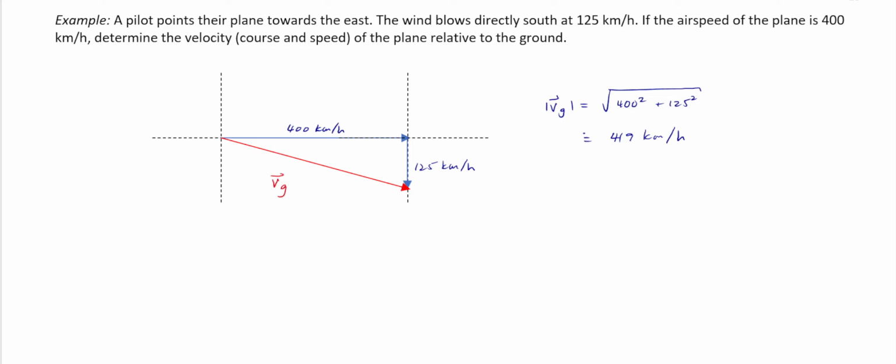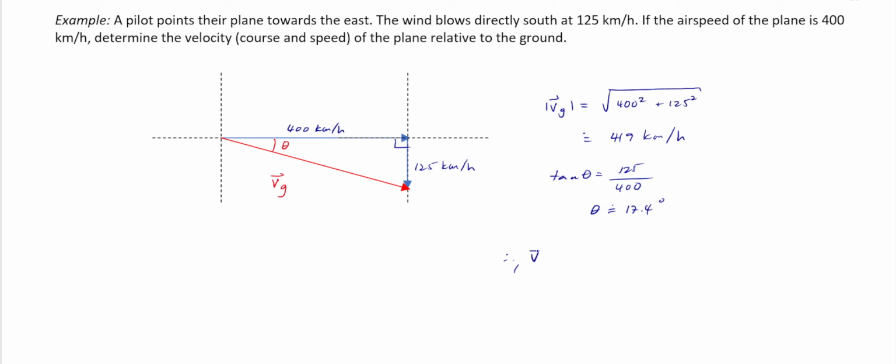Now I want to find this angle right here. Since we have a 90-degree triangle, I can use trigonometry and say tan theta is equal to 125 over 400. So theta is approximately 17.4 degrees.